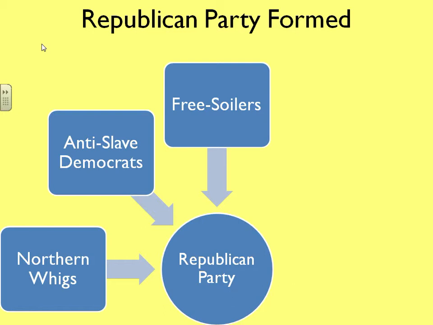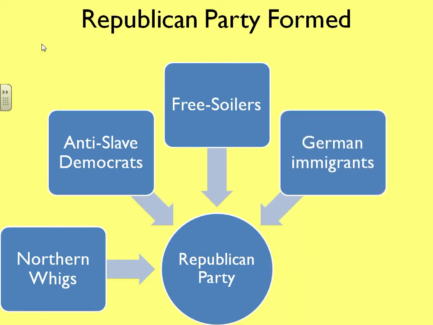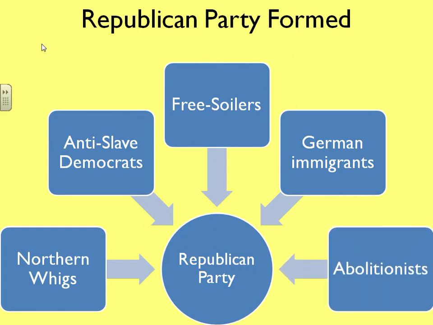These are Western-looking people who want to open up the West with free soil for everybody and be a free land. German immigrants definitely also joined into it, and abolitionists join up, and it's one big umbrella of lots of different groups, but they have a common cause, and that common cause is do not allow slavery to expand into these new territories.